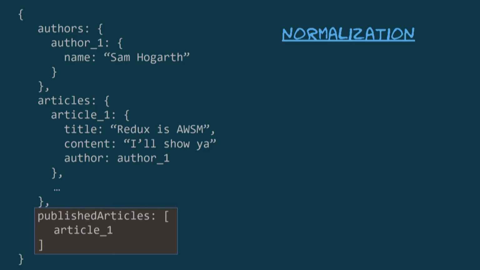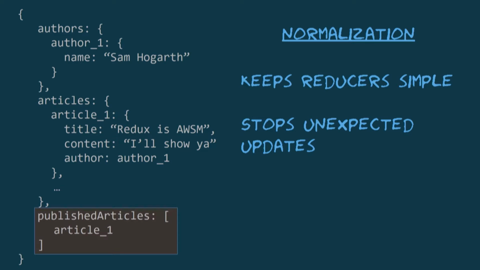The benefit that you get from this in Redux is that it keeps your reducers nice and simple. You don't have to have lots of nested ones. You can keep as many at the top level as you want. It keeps a nice flat structure. And that also stops unexpected updates as well. Because we're returning a new object every time we update the state, there's a risk that your UI framework might render more than it actually needs to.